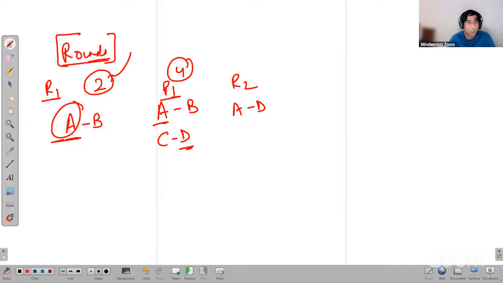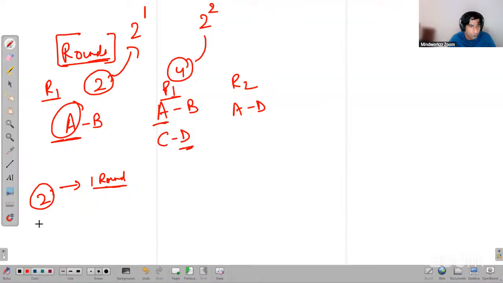So 2 is nothing but 2 raised to the power of 1. 4 is nothing but 2 raised to the power of 2. So if you have two players, you will always have one round only in a knockout tournament.